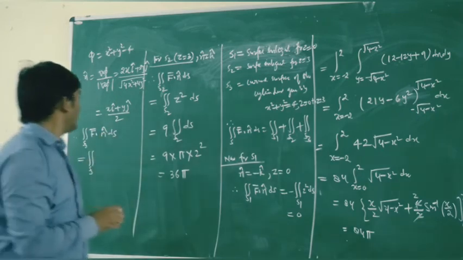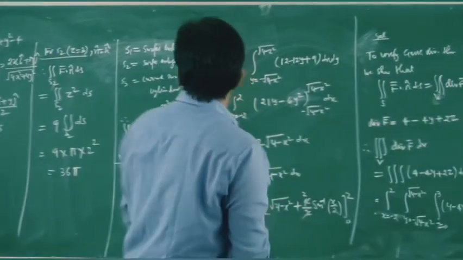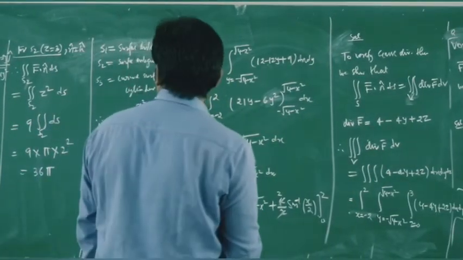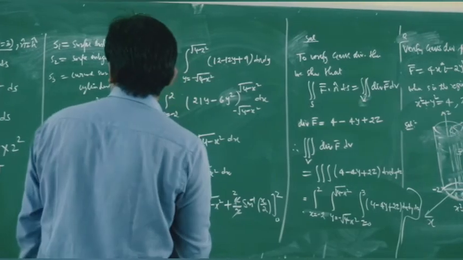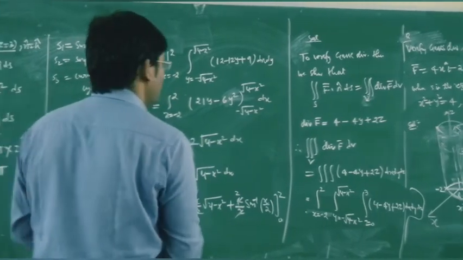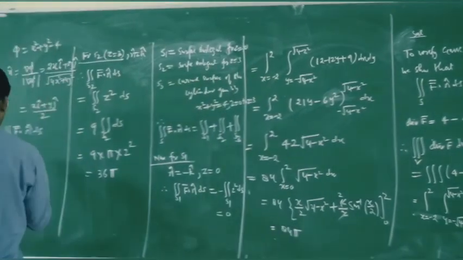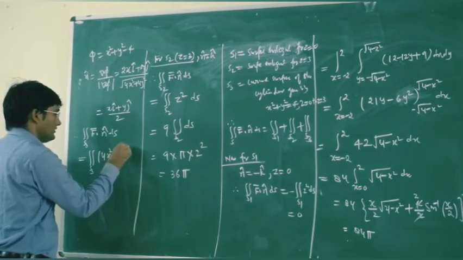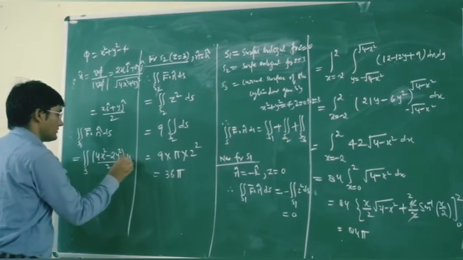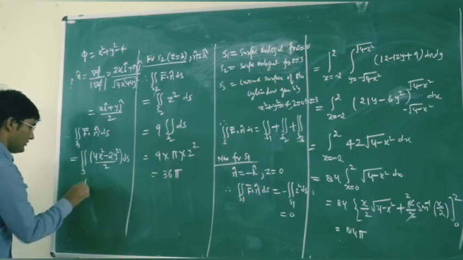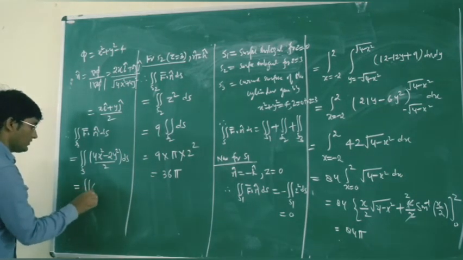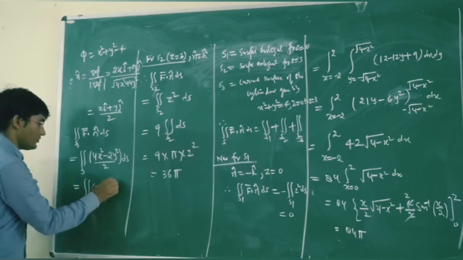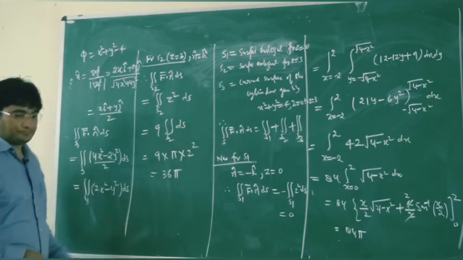Now your F dot n is equal to 4x square minus 2y square divided by 2, into dS. So this is equal to the integral over S3 of 2x square minus y square into dS.